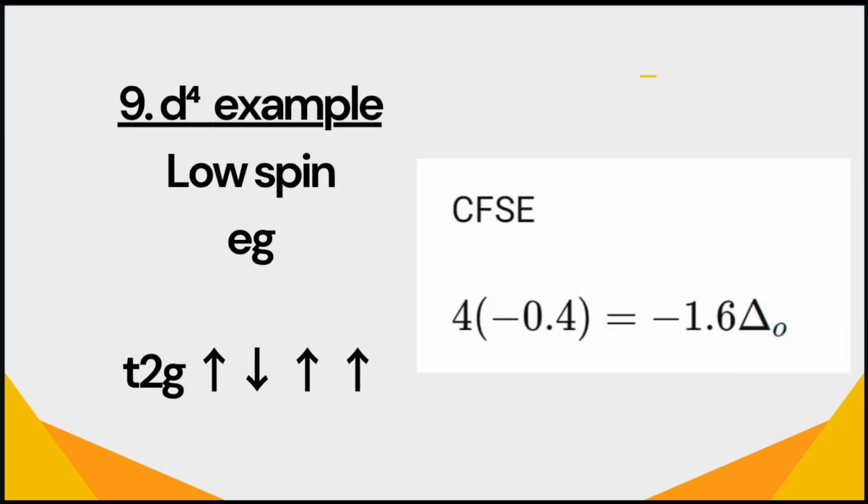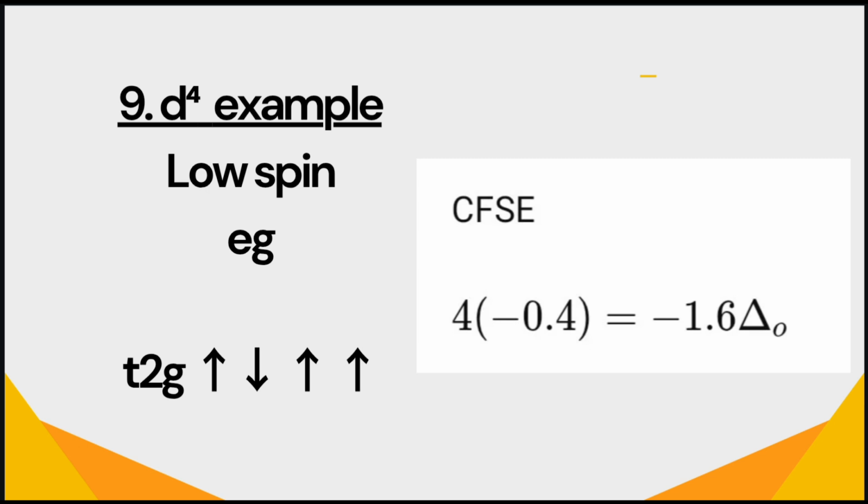Now, for the same d4, we'll see low spin as an example. In low spin, first we have to do pairing in lower energy orbital.